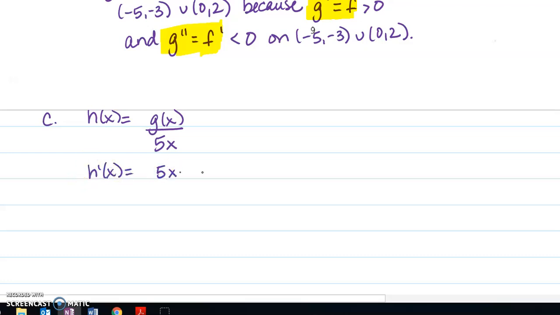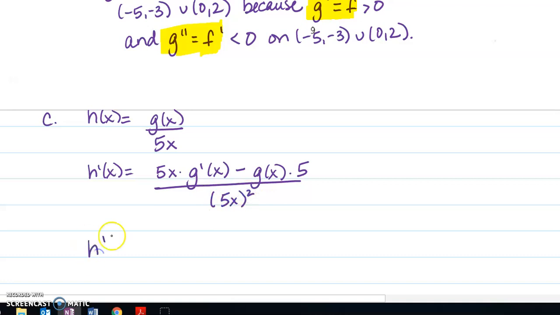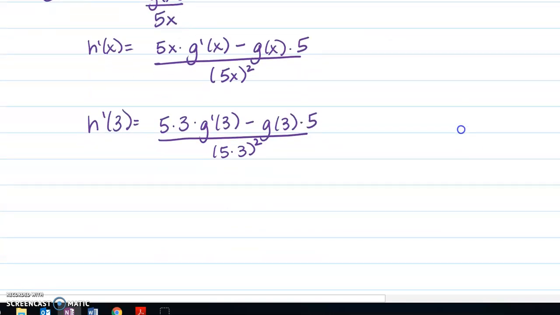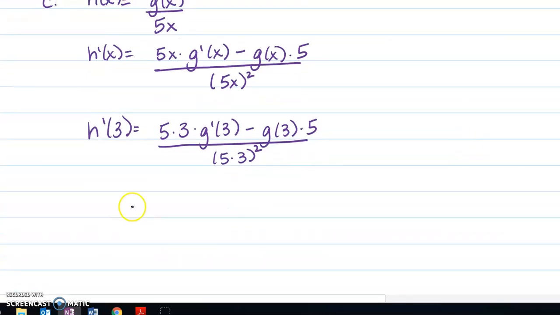Low d high minus high d low, draw the line, and square below. Make your substitution. Simplify where you can.